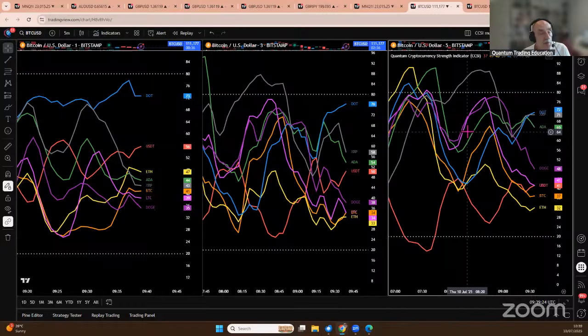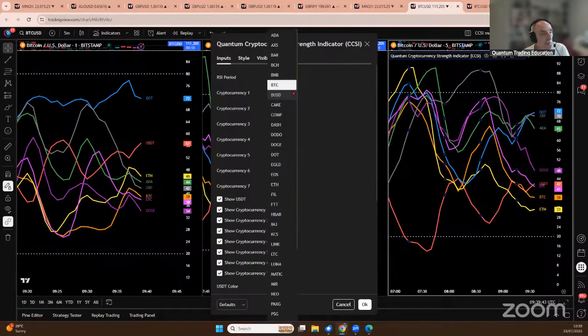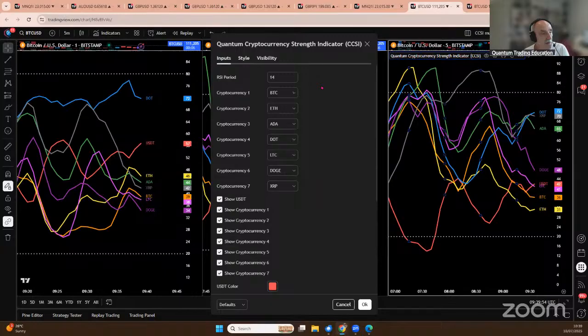Now, the beauty, and this is a major difference, is that with the currency strength indicator you have the 8 currencies, but with the cryptocurrency version, we have the option to select whichever one we choose. If we go into settings, you'll see these are the ones I have at the moment, but if I click on this, these are all the other cryptocurrency pairs, of which there are a huge number, which you can trade and certainly apply to the cryptocurrency strength indicator.